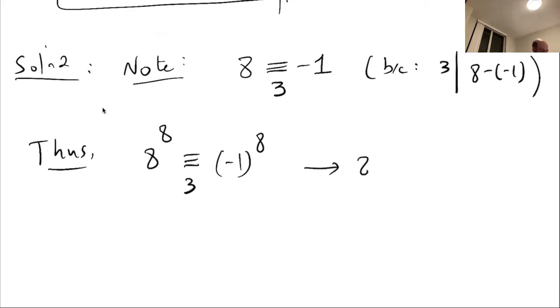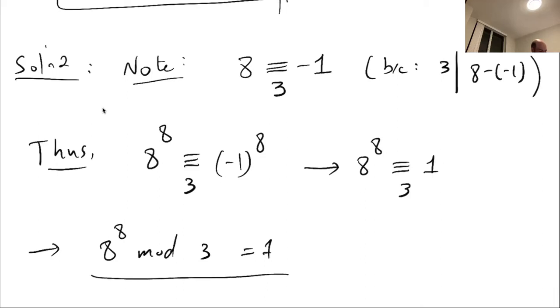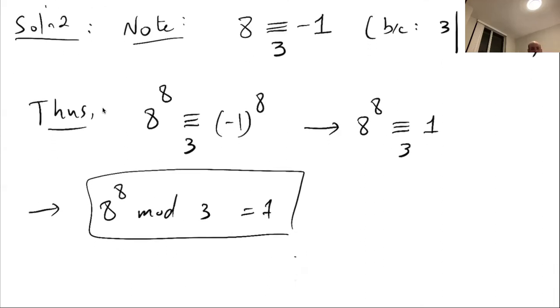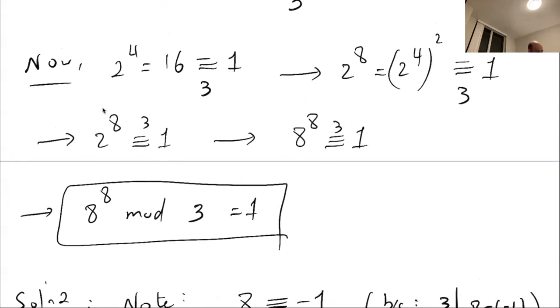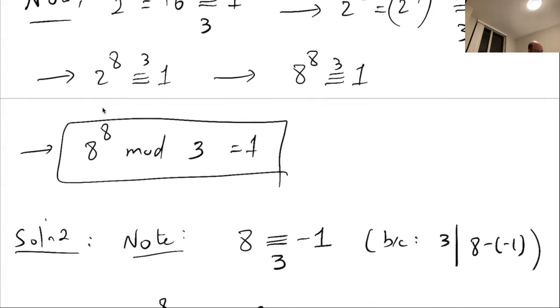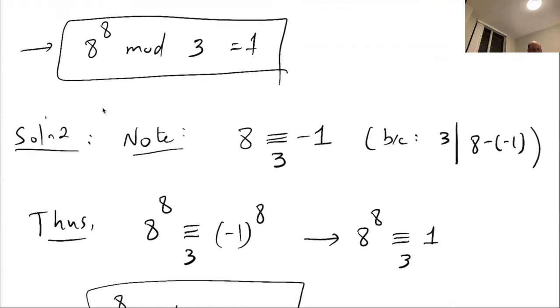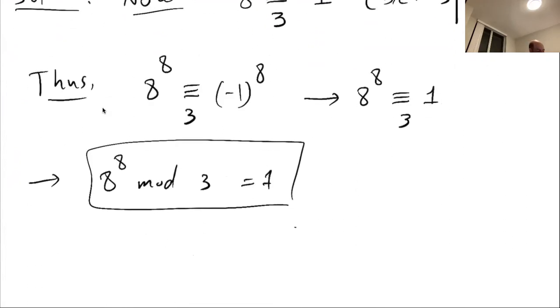So that means 8 to power 8 is congruent to 1 mod 3, which means 8 to power 8 mod 3 equals 1. So the remainder is 1. So we got the same answer as solution 1, but we got it faster because we could make -1 appear, and -1 to any power is very easy to compute.